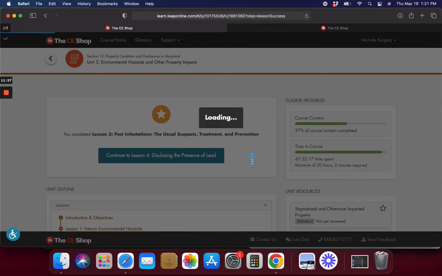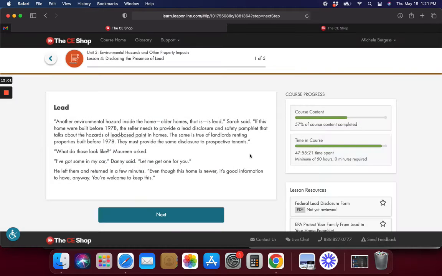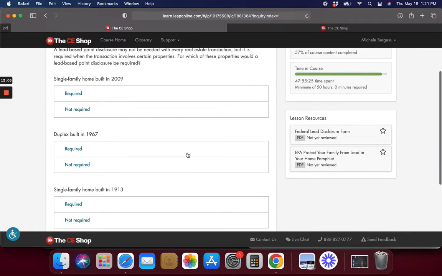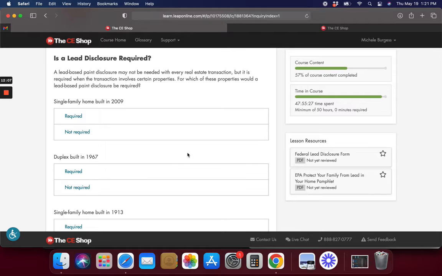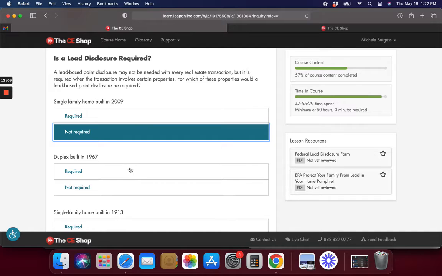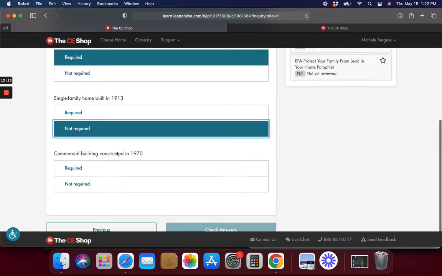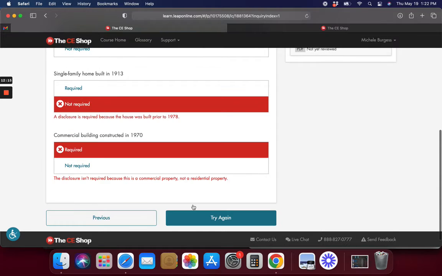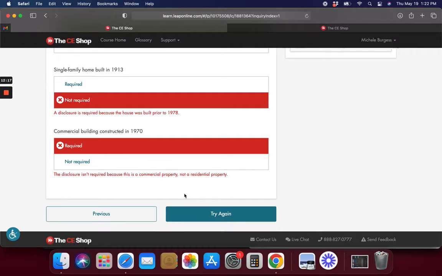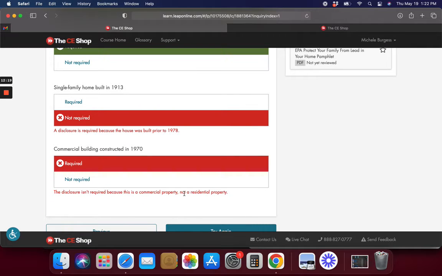Disclosing the presence of lead. Single family home, I don't think so. This one, yes. I think it's 1978 is the lead. Okay, 1913 is required.